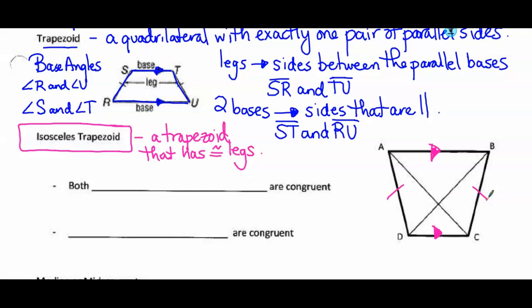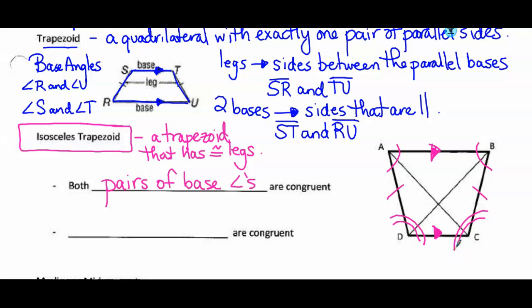So when you know it's isosceles, you now know that both pairs of base angles are congruent. So A is congruent to B up there, and these two down here are congruent.